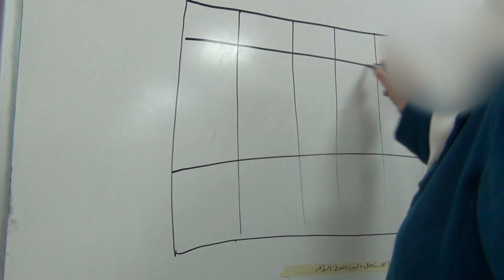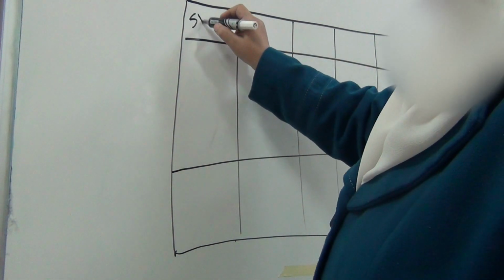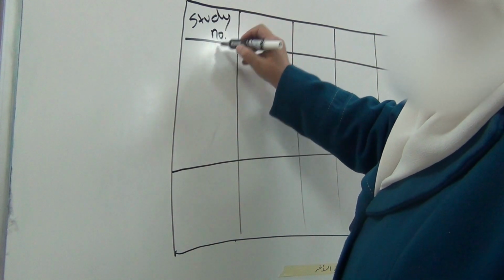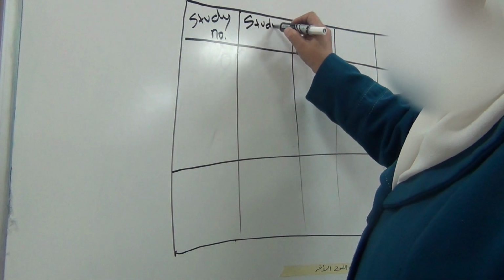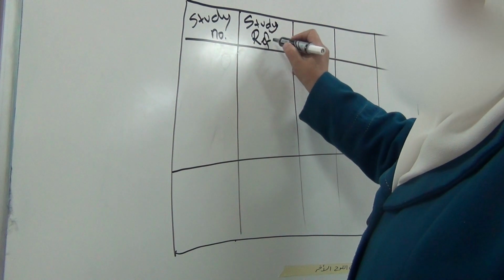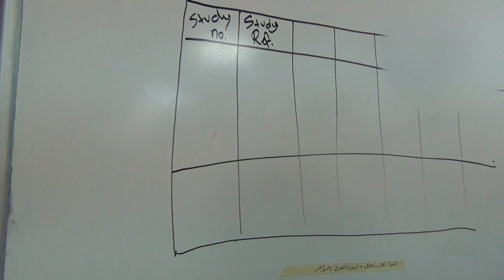I'm going to say this is the study number. Study. Reference. And this is a good point where you begin training yourself on how to write references at the end of the thesis.